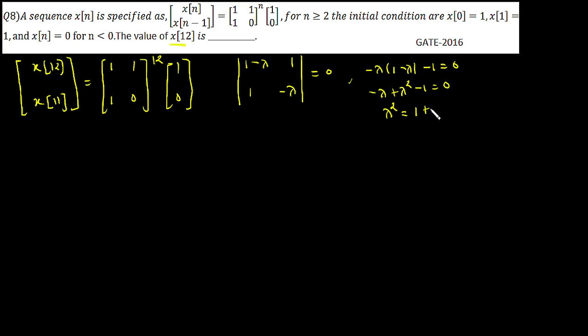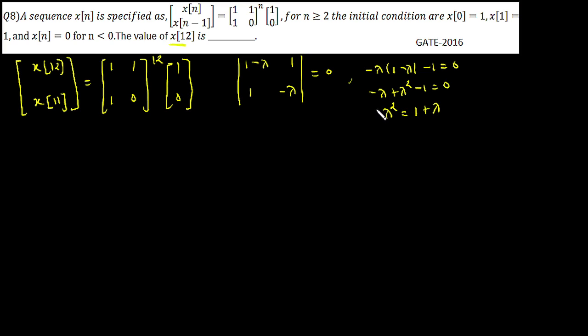Let's form 1 minus lambda, 1, 1, minus lambda, find the determinant and equate it to 0. So we are getting simply minus lambda into 1 minus lambda minus 1 equal to 0. Let's multiply: minus lambda plus lambda square minus 1 equal to 0. So we can say lambda square equals 1 plus lambda.